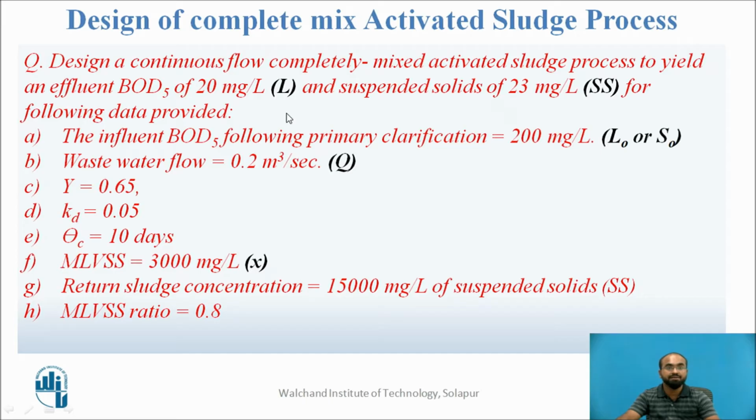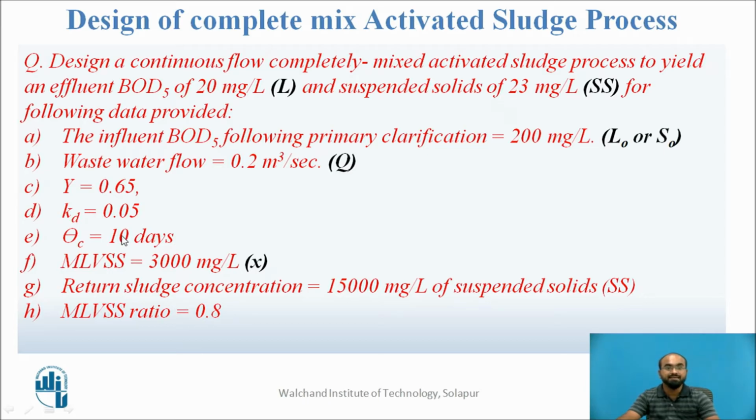So what is the data given? The influent BOD5 following primary clarification will be 200 mg per liter. That is our influent BOD, let us say L0 or S0. Then wastewater flow rate is given to us, that is 0.2 meter cube per second. Let us call it capital Q. Then Y is given, that is 0.65. KD is given 0.05.